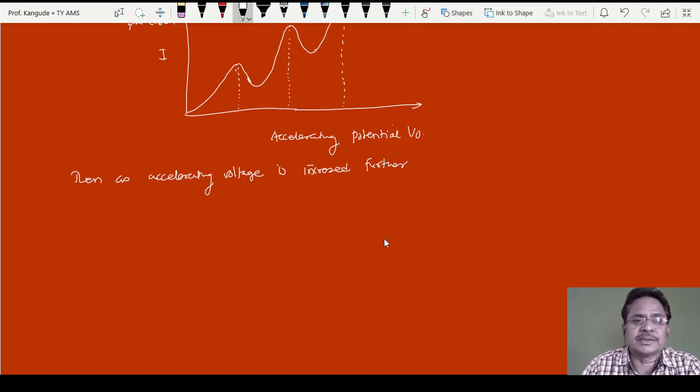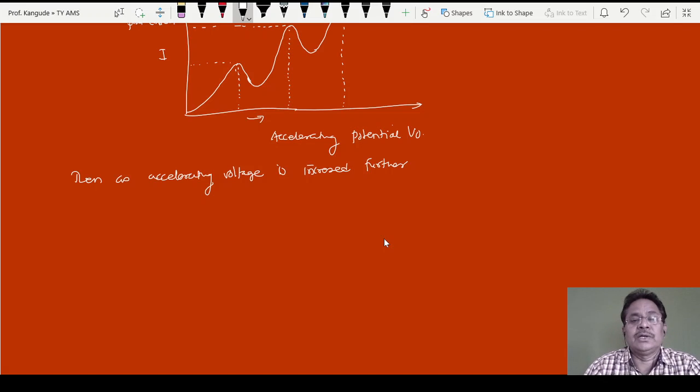Once the current falls to a very low value, it starts increasing again as I increase this potential, and reaches a maximum. The plate current observed here is much more than the one observed at this end. Why is the current high at this voltage? Because most of the electrons are again traveling towards the plate, so the current goes on increasing and reaches a new high.